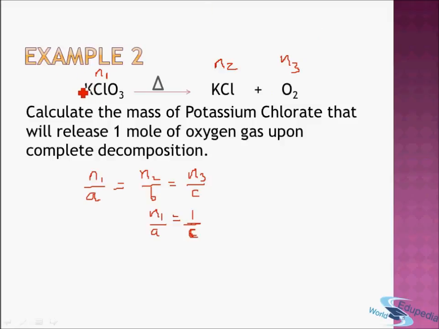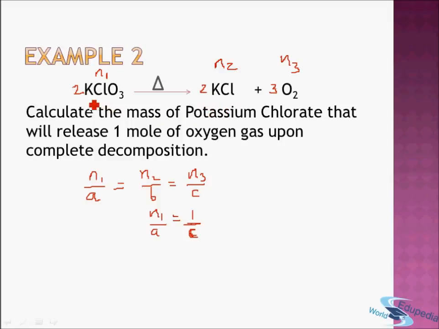Upon balancing you will find that the stoichiometric coefficients are 2, 2 and 3. Let's see if it is balanced now. Potassium atoms are 2 on the left, on the right again 2. Chlorine atoms are 2 on the left, on the right again 2.